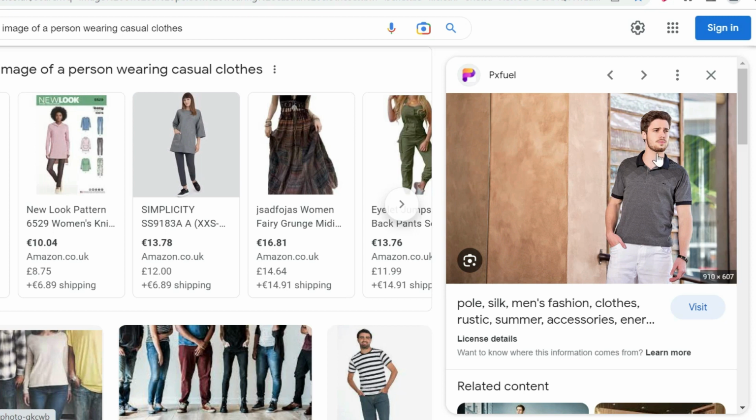So let's imagine that you're this guy here on the screen and you only have these clothes. And you have to work in an office. However, your boss tells you that there is a dress code and you need to dress professionally for work.